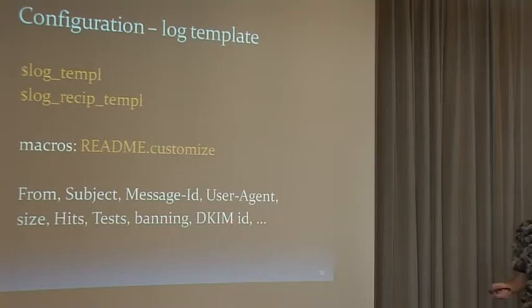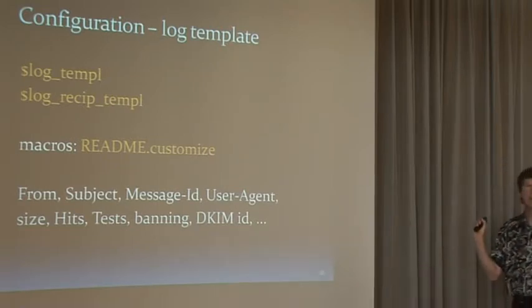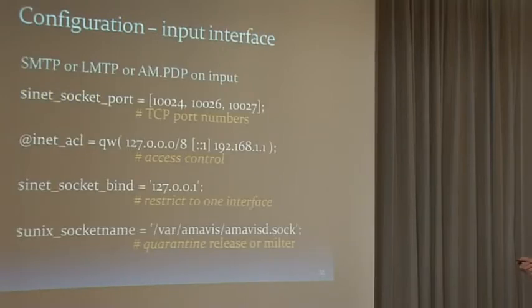All things can be added to the main log entry, whatever you choose. Most of these are just commented out, so the sample code is already there. So just re-enable it and you have it.